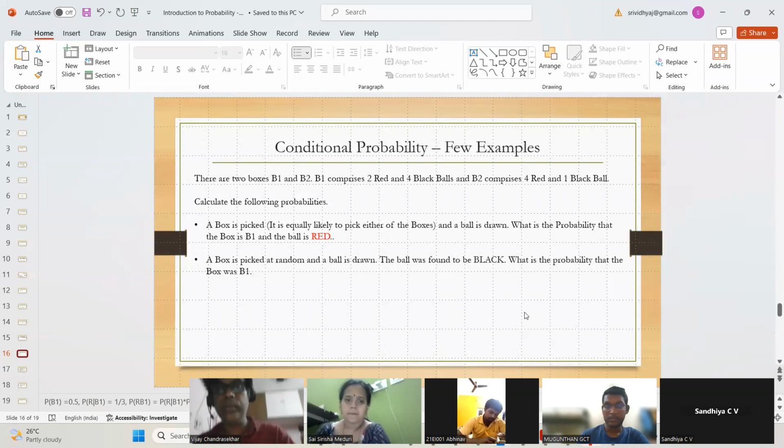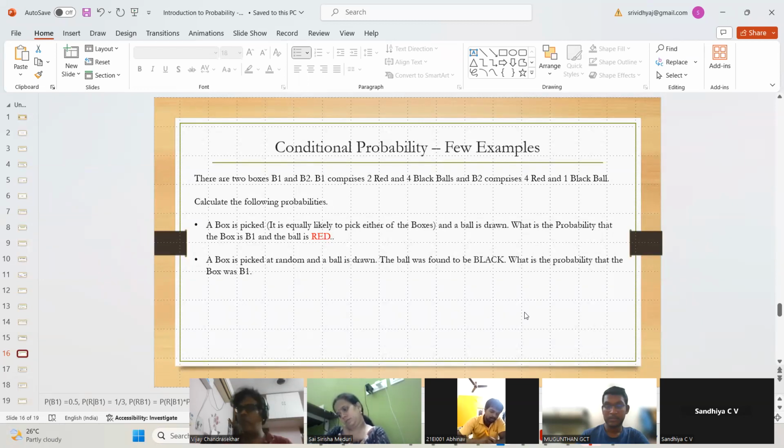So you've drawn the ball from the box. You don't know which box it is, but you found that ball to be black. Now I'm asking the question, what is the probability that the box was B1?